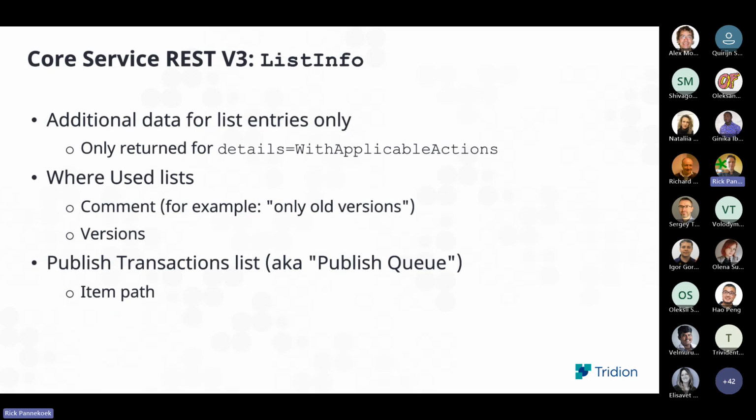But we have some data that does not really belong on those entities themselves. For example, if you do a where used list, then we have a command to tell you, okay, only old versions of this item are using your item. What we return in the list is actually already aggregated. We don't return all versions individually, because then you could maybe figure it out yourself.